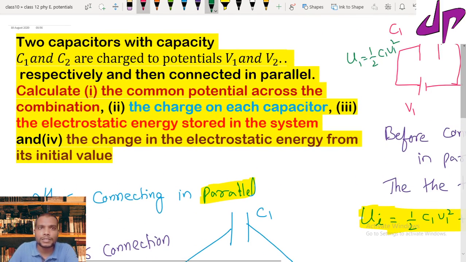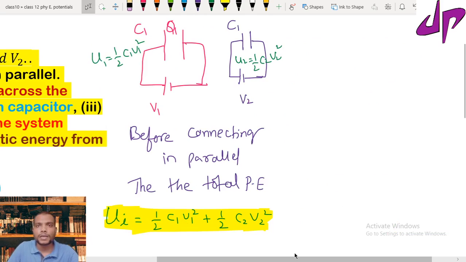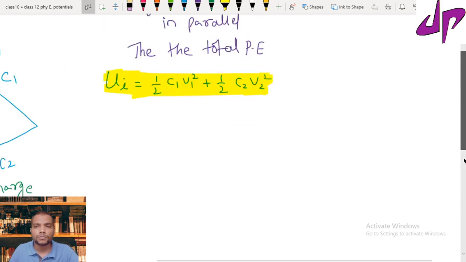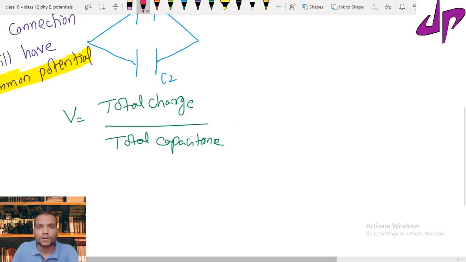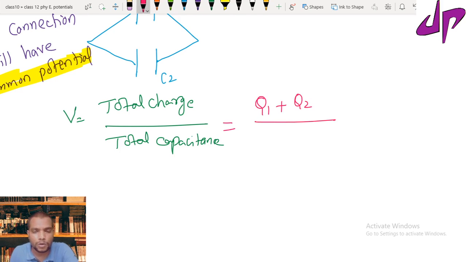Suppose initially one has charge Q1 and the other has charge Q2. Now the total charge is Q1 plus Q2 upon the total capacitance, and C1 plus C2 is the total capacitance.